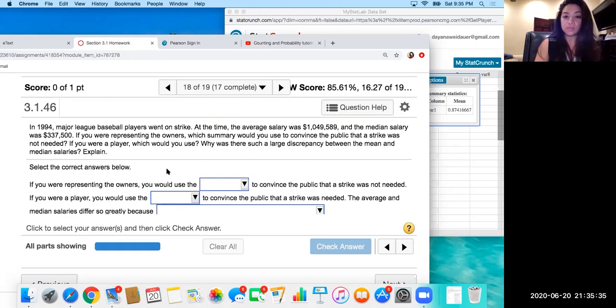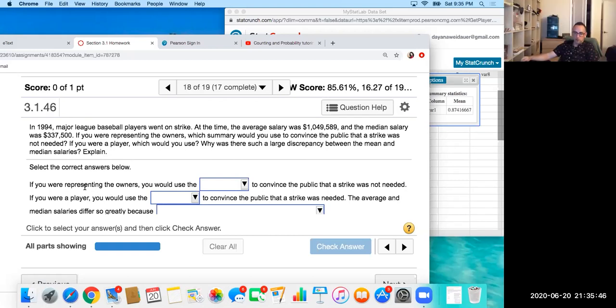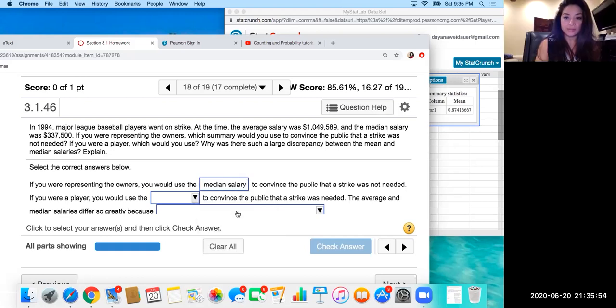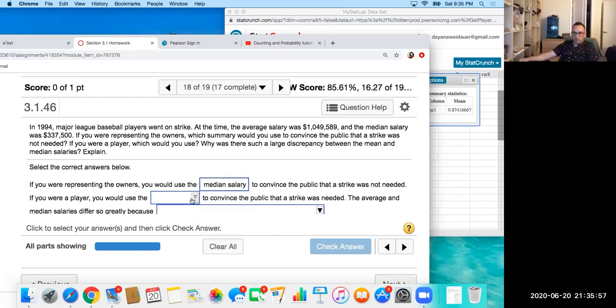So what's the question? Which summary would you use to convince the public the strike was not needed? If you were representing the owners, you would use the average because it's bigger.